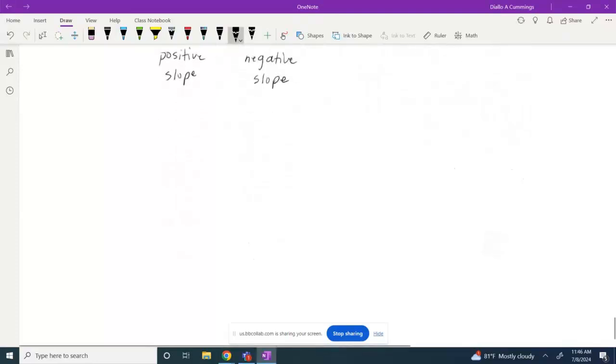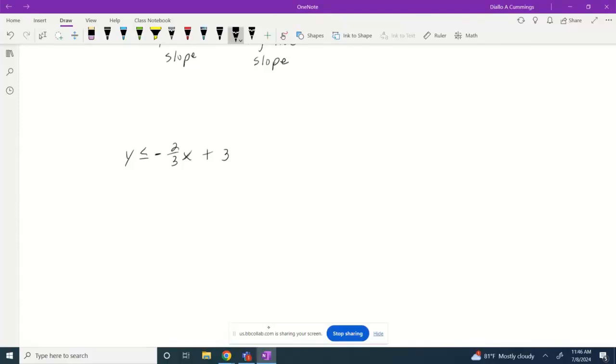So if we take a look at our inequality, y is less than or equal to negative 2/3 x plus 3, right? And we're going to graph. We're going to use that slope-intercept form.